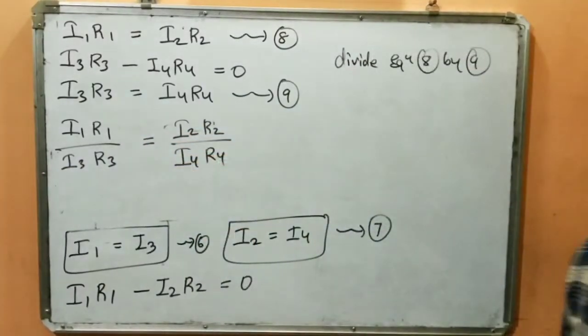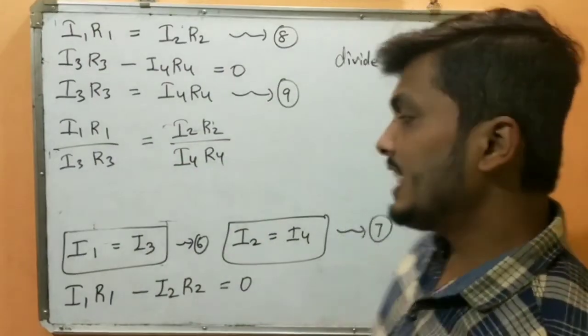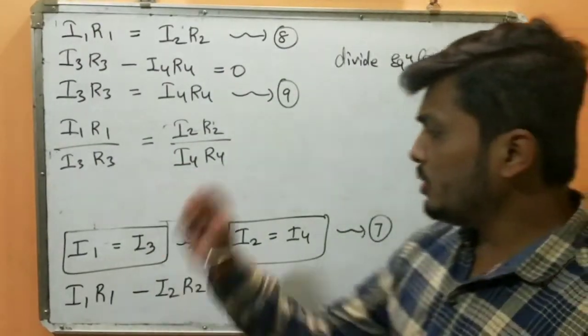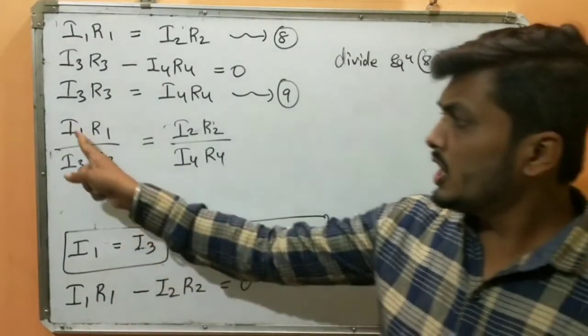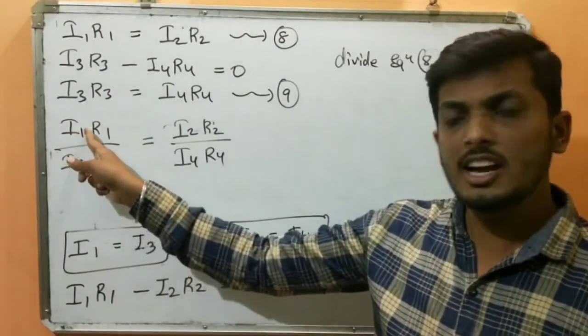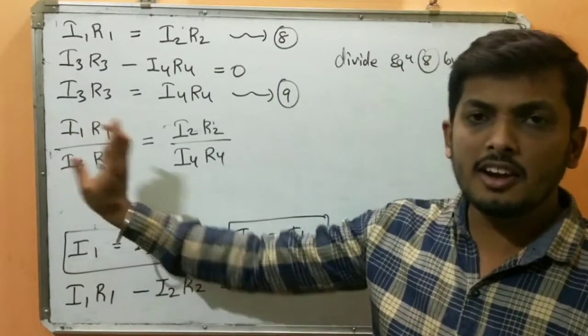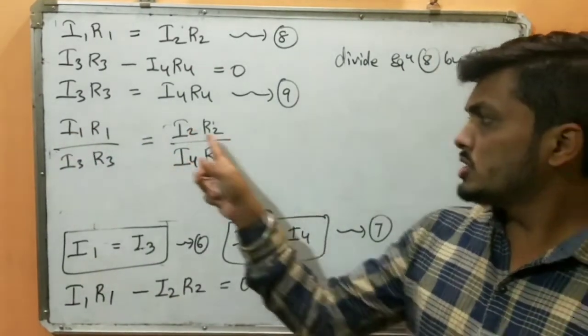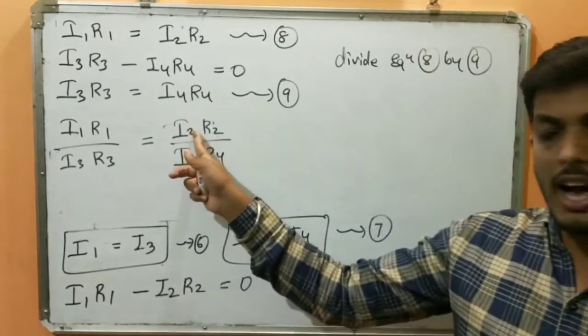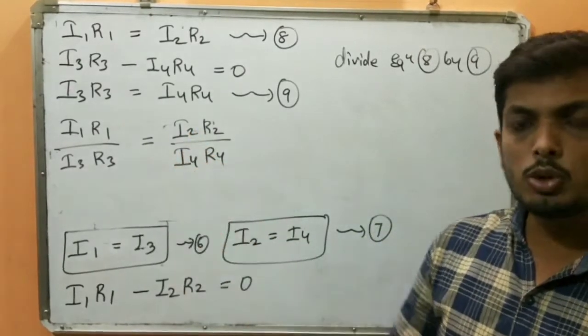Here I1 is equal to I3, so instead of writing I1 I can write I3, or instead of I3 I can write I1. Similarly I2 is equal to I4, so instead of I2 I can write I4, or instead of I4 I can write I2.